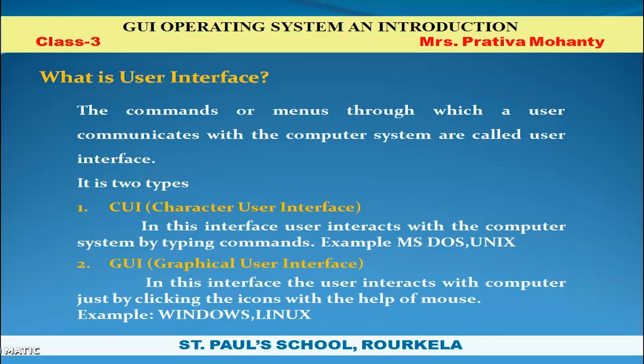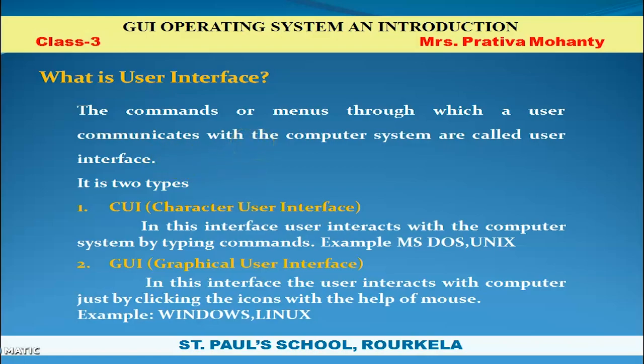Suppose in MS Paint you want to save a file. What will you do? You will give some instructions to the computer. To give instructions for saving a drawing, you need to press some button, write some commands or press some keys. These commands or menus are called user interface.